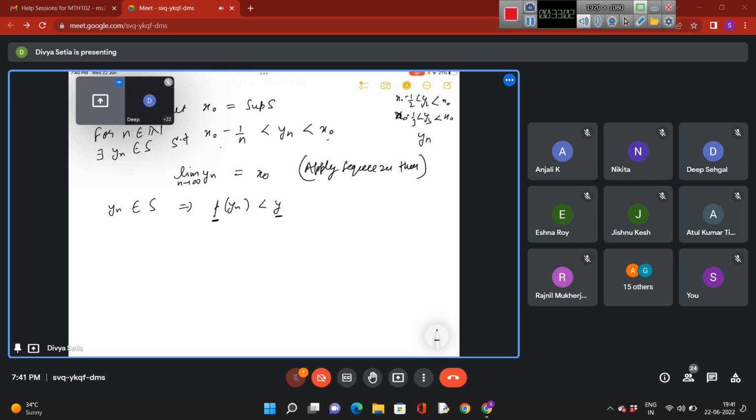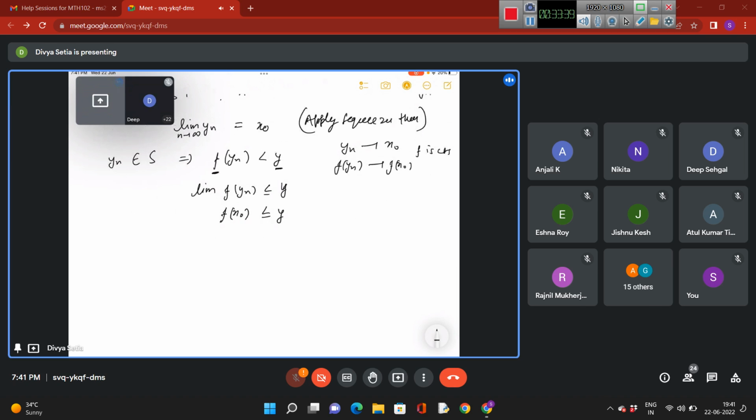Because yn converges to x naught, f of yn should converge to f of x naught, as f is a continuous function. Therefore the limit of f of yn is less than or equal to y, so f of x naught is less than or equal to y.